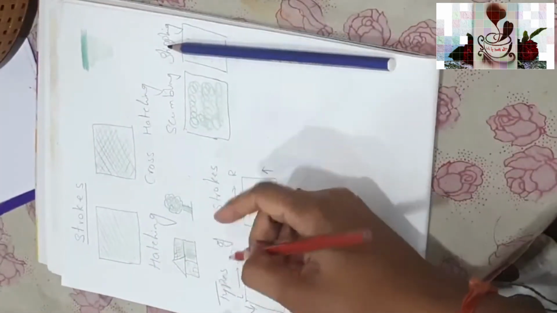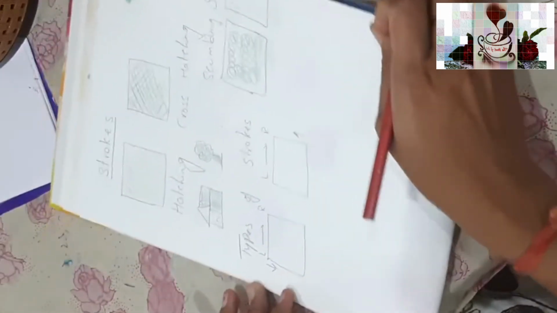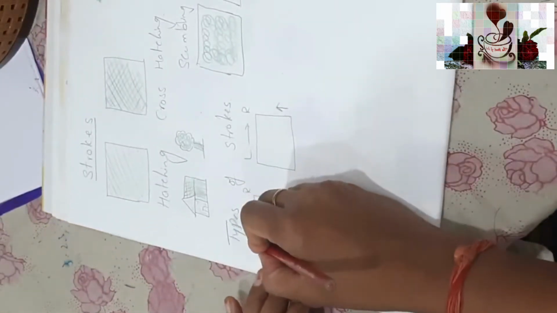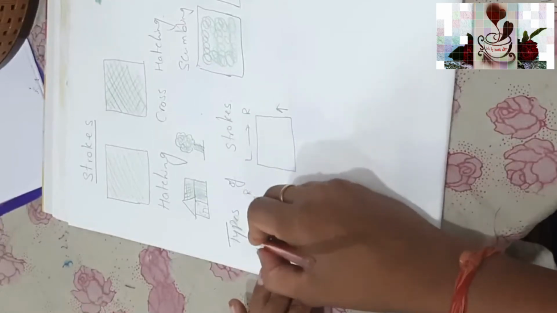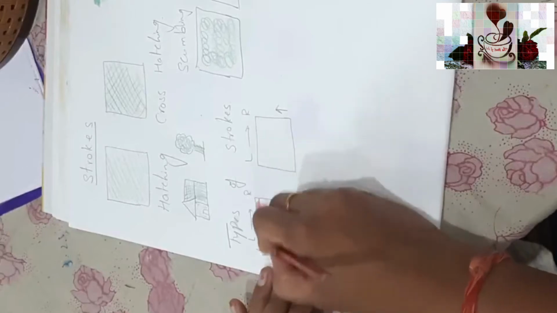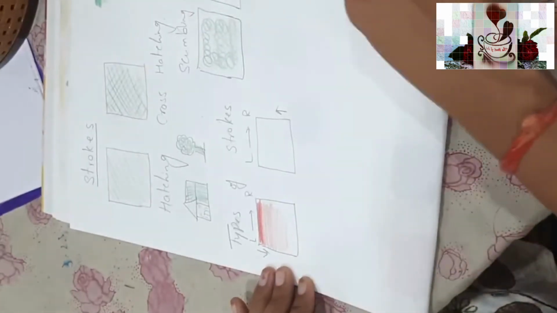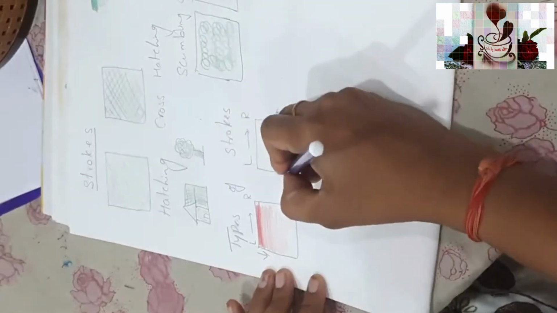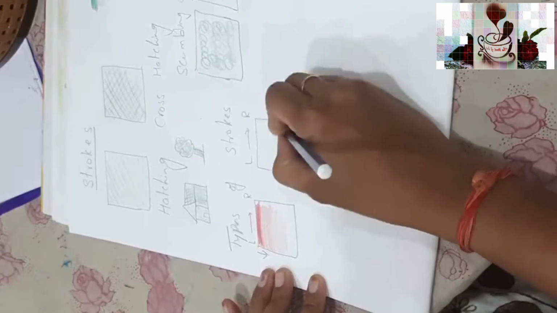So where I am coloring from top to bottom, I am following the gradation: dark, medium, lighter and fade away. Similarly, I am taking a blue color where I am starting from the bottom, dark.